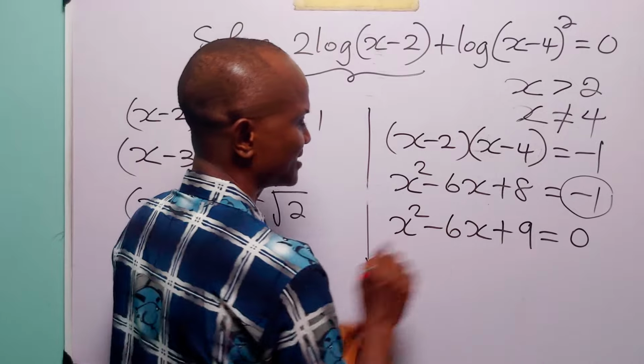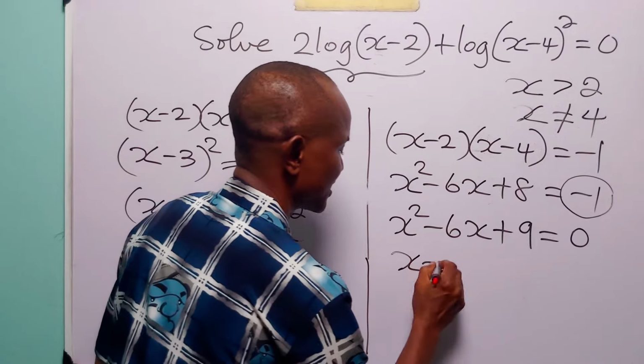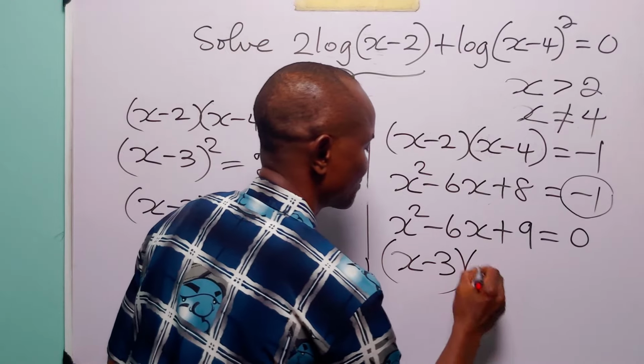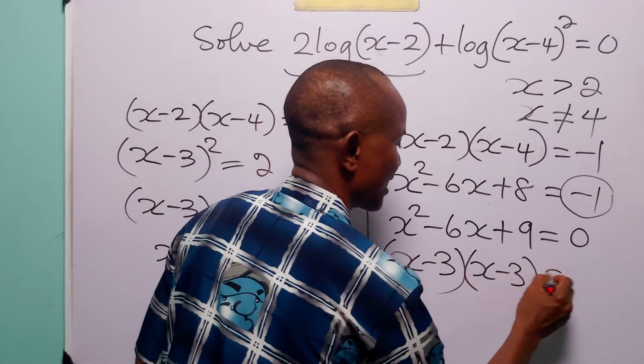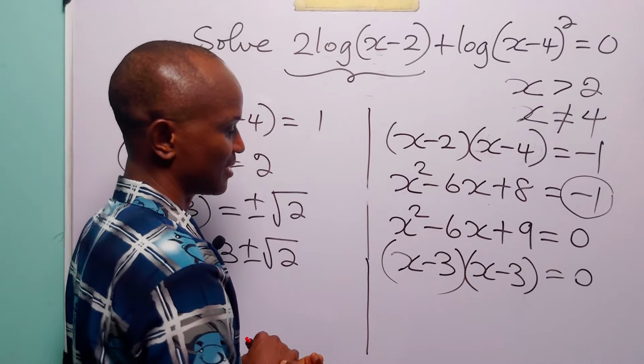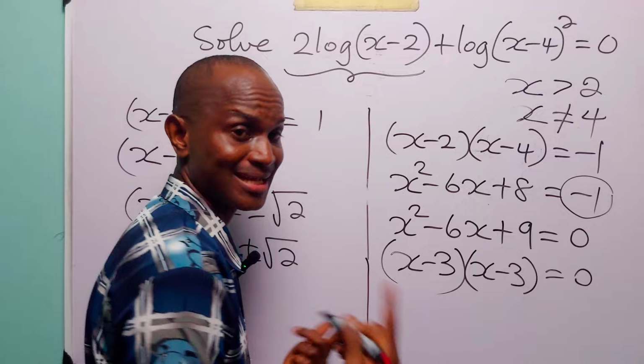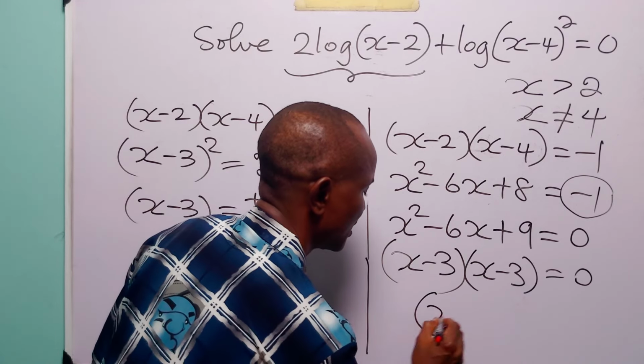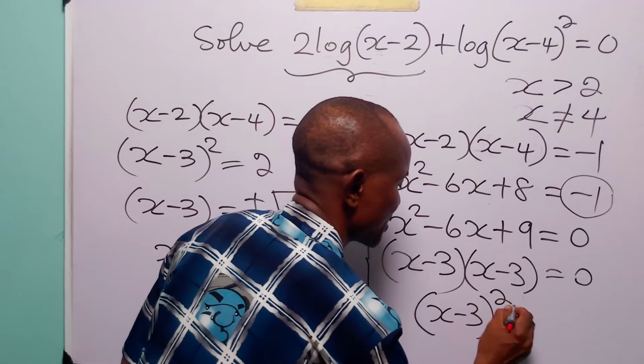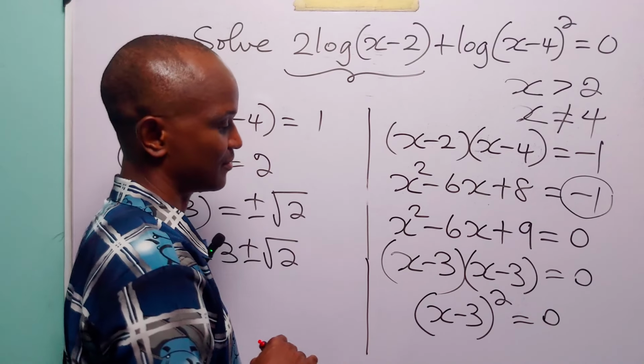So we can factorize the left-hand side of this equation as x minus 3 multiplied by x minus 3. And of course, this is equal to 0. Now, since these two are exactly the same, we have x minus 3 squared is equal to 0.